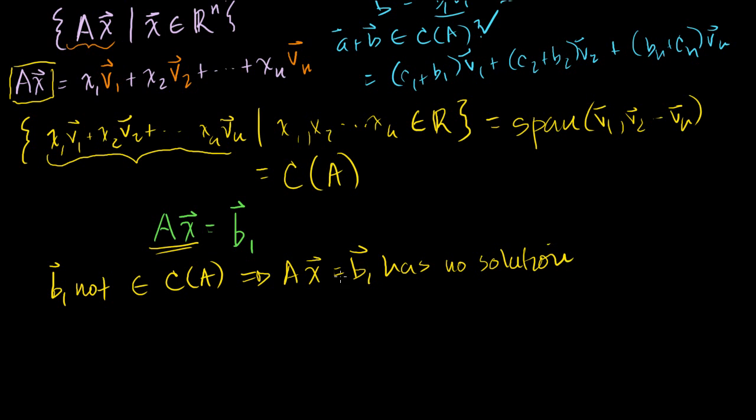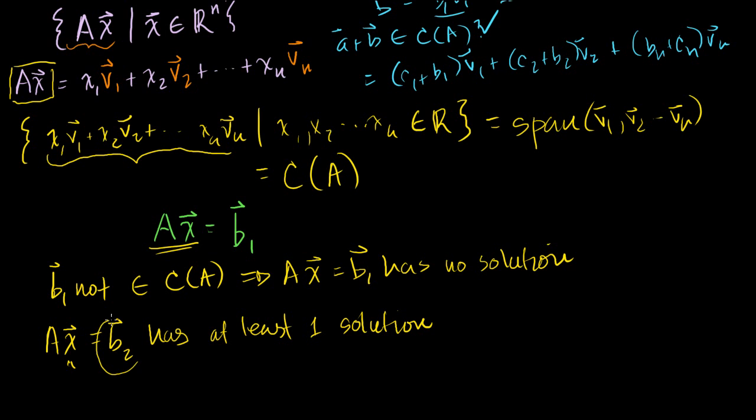If it had some solution, so let's say that Ax equals b2 has at least one solution. What does this mean? Well, that means that for a particular x, or maybe for many different x's, you can definitely achieve this value, right?